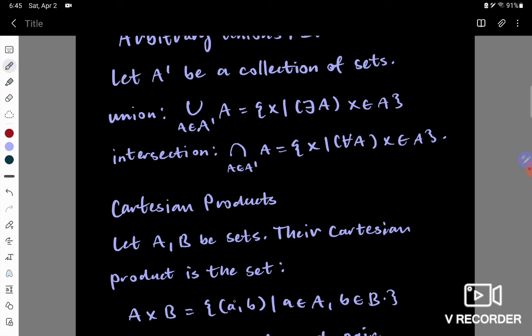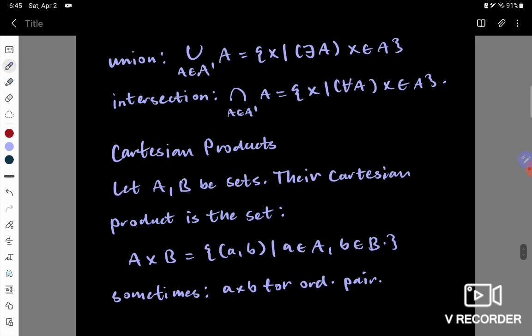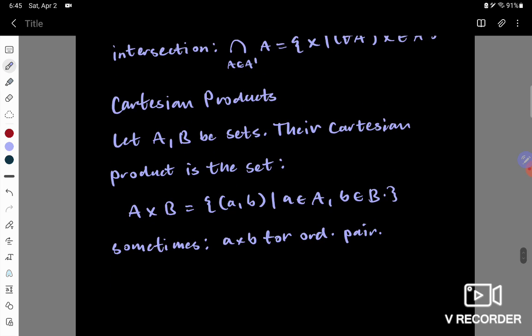Sometimes this notation, parentheses a comma b, is ambiguous, because it can also denote the open interval, as we'll see later. So when it is ambiguous, instead of this ordered pair, we can write A times B, which is just equivalent to this.